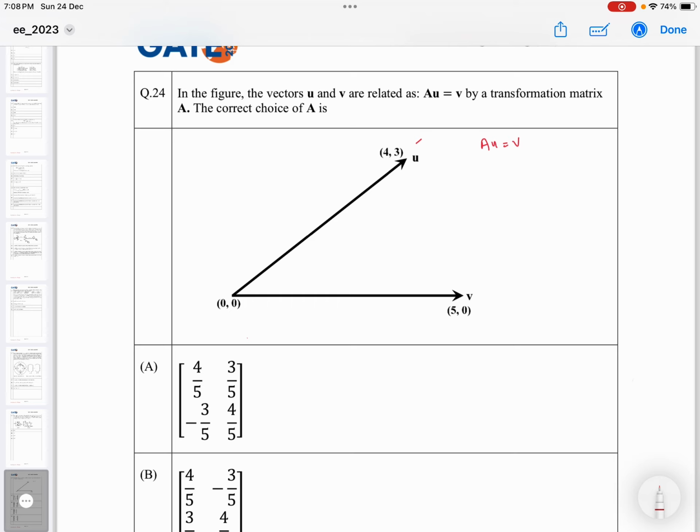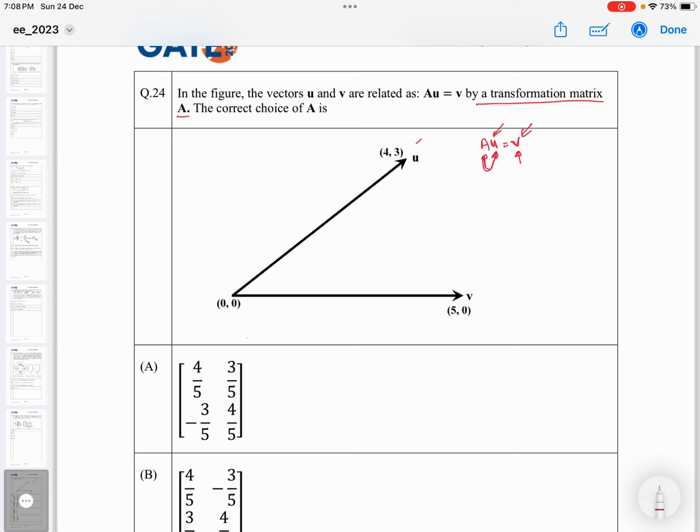So this v, I can say, is in the column space of this matrix A. Let's not talk about that. What we have to find is the transformation matrix A. What's happening here is that this matrix A is applying on this vector u and converting it to some vector v, and this vector v is known to us, this vector u is known to us from the figure.